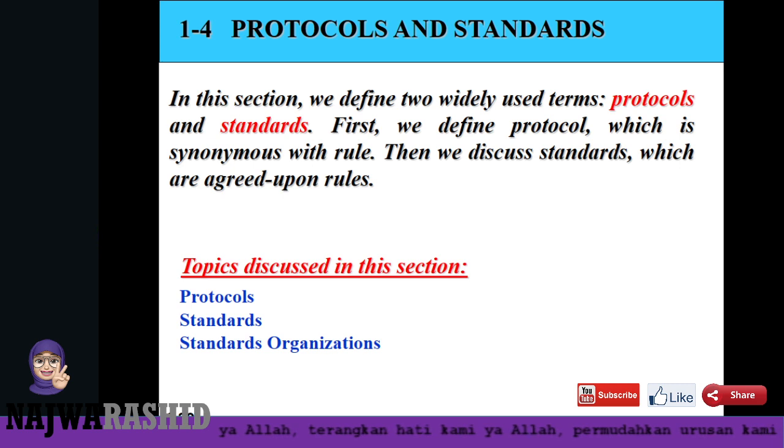Protocol is a synonym for rule, and standard is agreed upon rules. When we talk about protocols, those are rules that we use to guide our communication process or communication system. And when we talk about standards, standard means the agreement between everyone that we should refer to those rules.